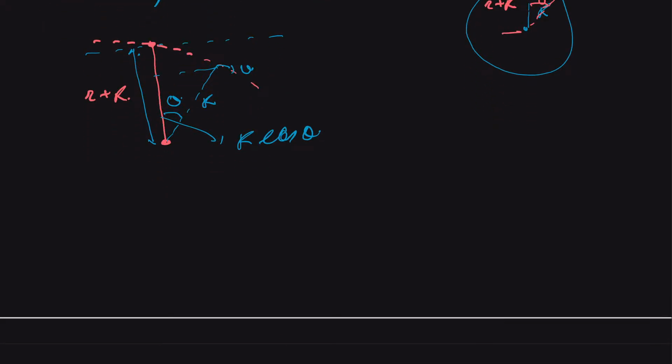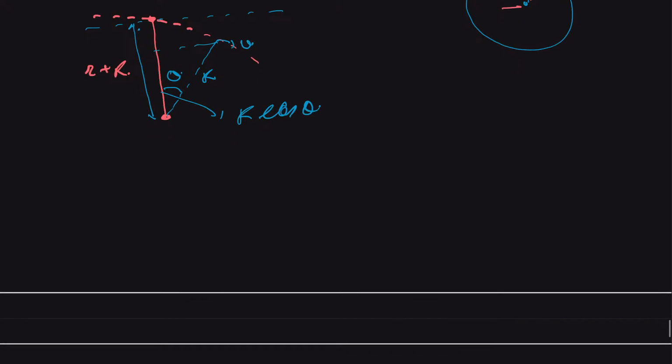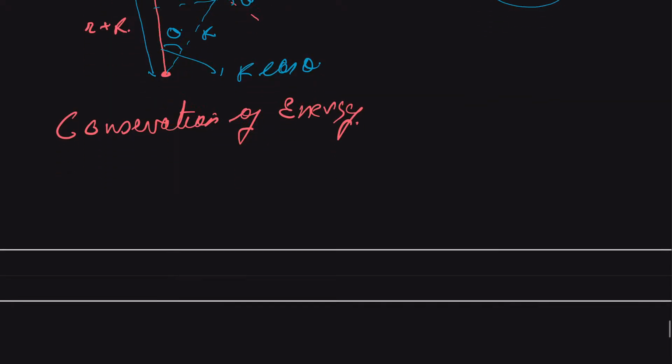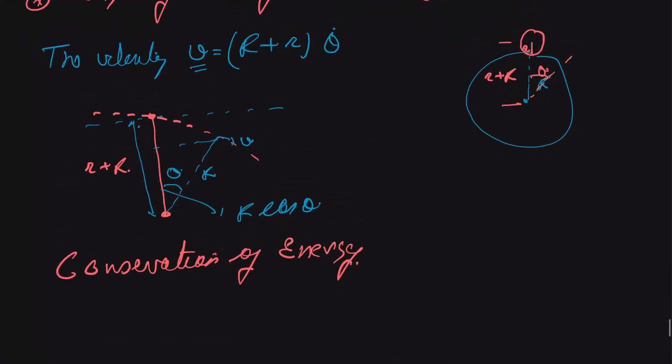Therefore we can write our conservation of energy, and this conservation of energy will be because the sphere is rolling, it is going to have two types of motion.